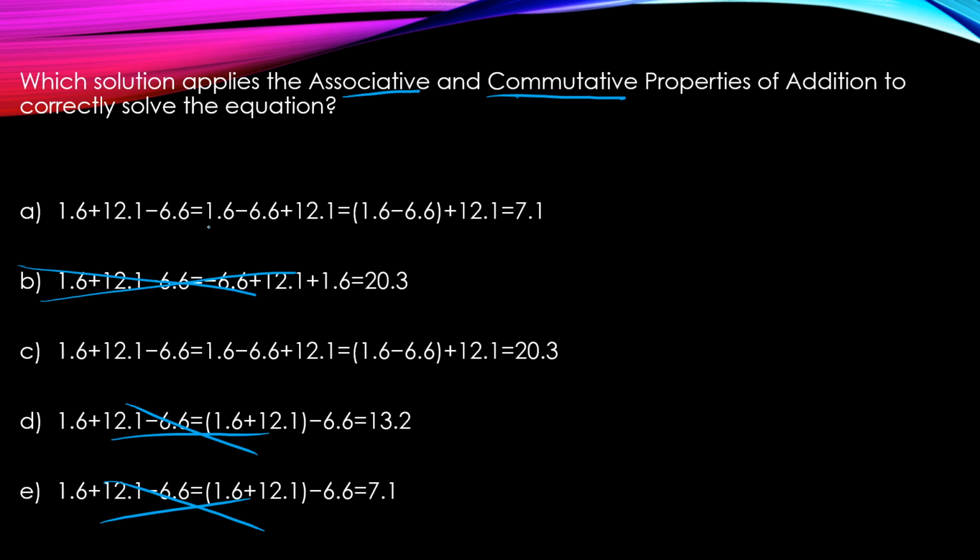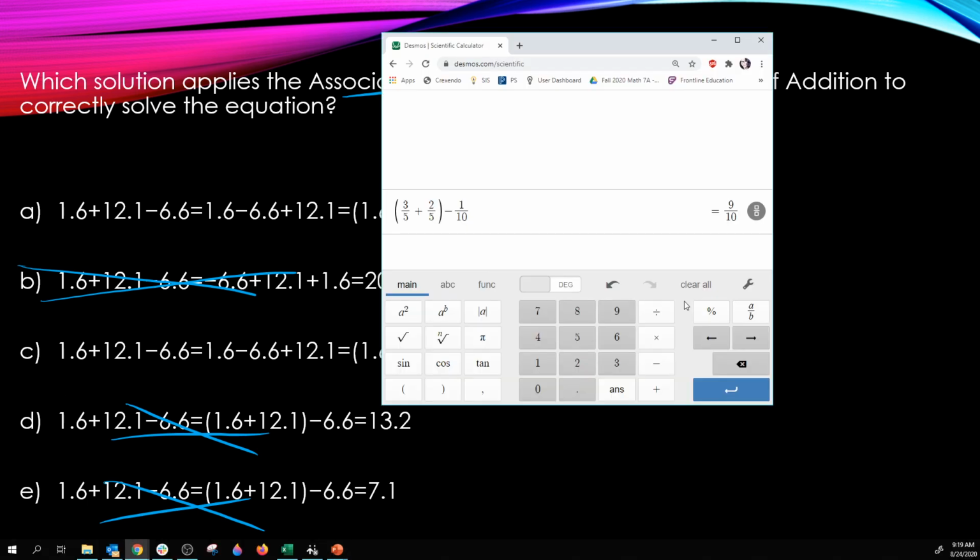If I look carefully at both of these, all of the numbers and all of the parentheses are in the same exact spot for both of them. The only thing that is different are these two final answers at the end. So the only thing we need to do is add one of these together and see which final answer we get. Is it the 7.1 or is it the 20.3?